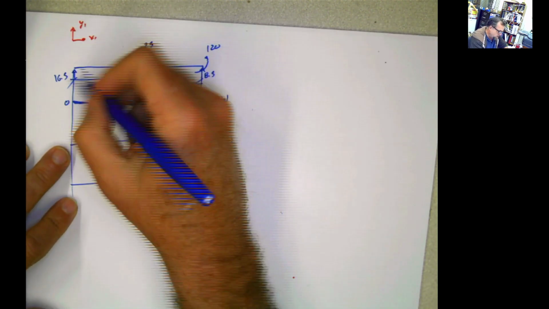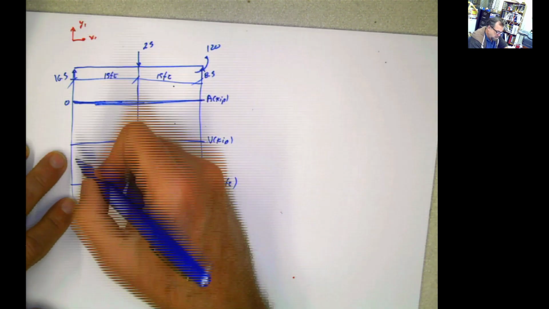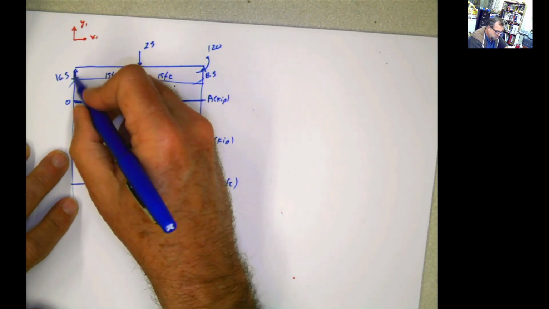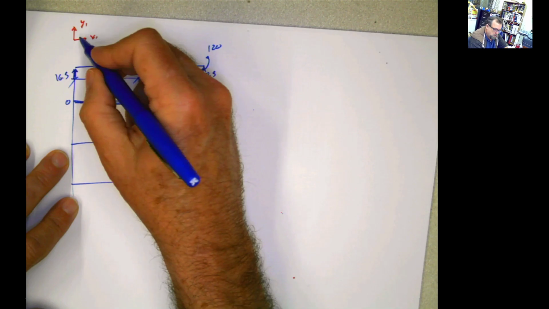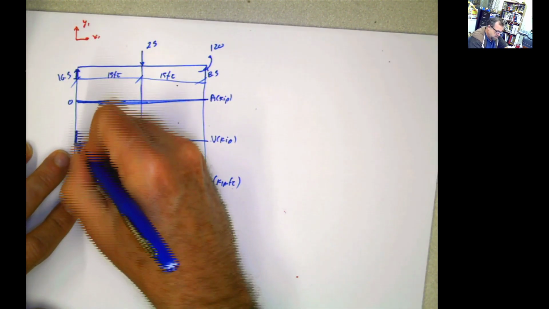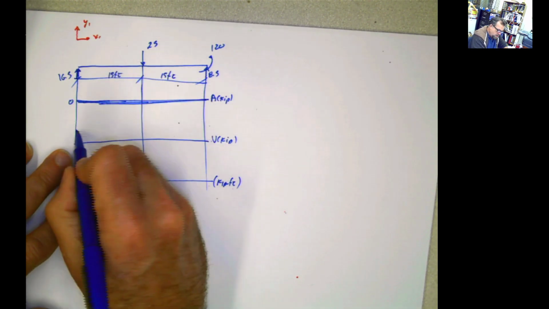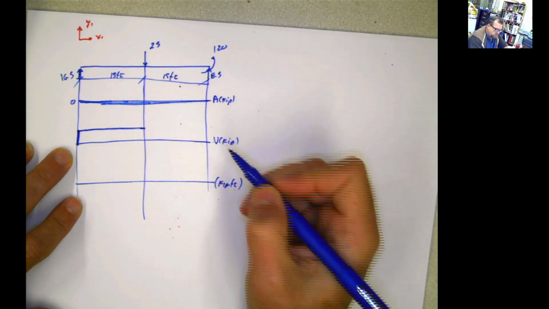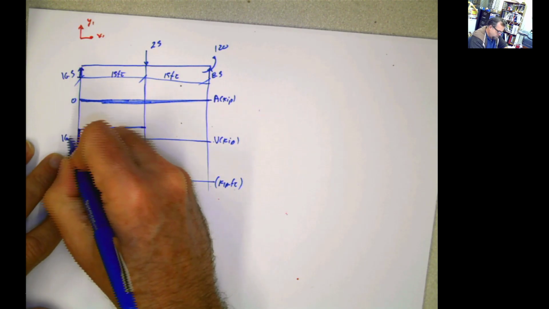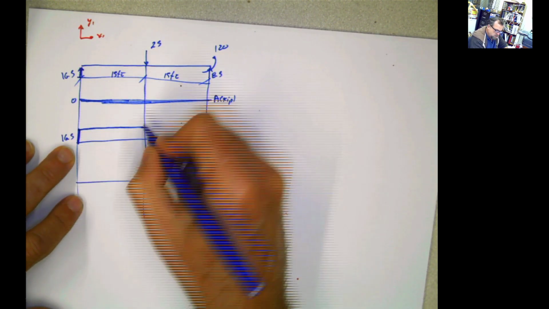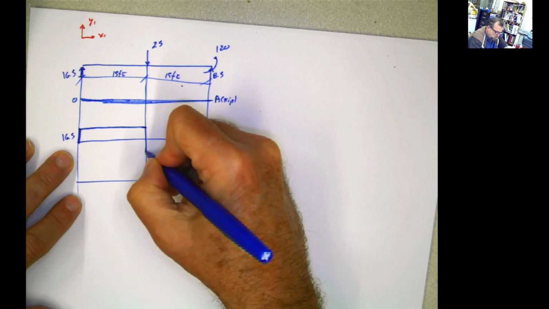Now, shear. Okay, this is when this comes into play. If I go in the direction of the load, according to my global coordinate system, then I'm gonna go up, and this is gonna be positive. Same as with the beams. No load here, meaning this is gonna be constant up to that point. This is gonna be 16.5. I go to this point, I find this pushing it down to 8.5.